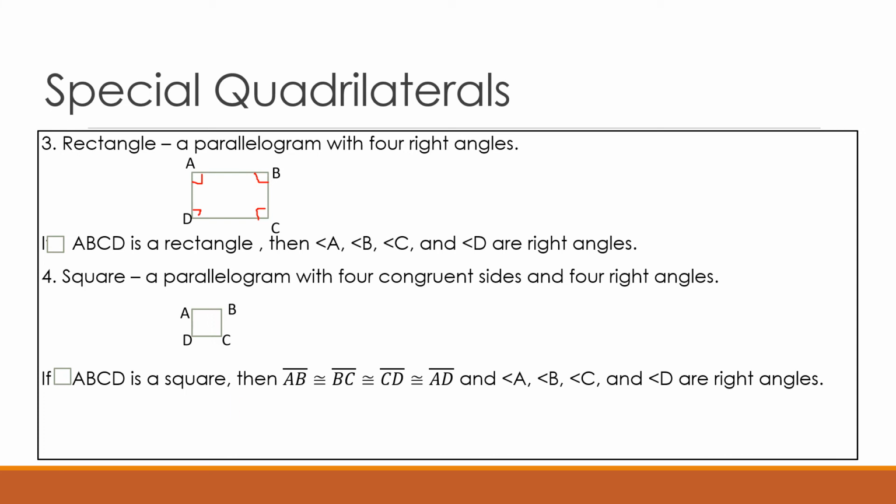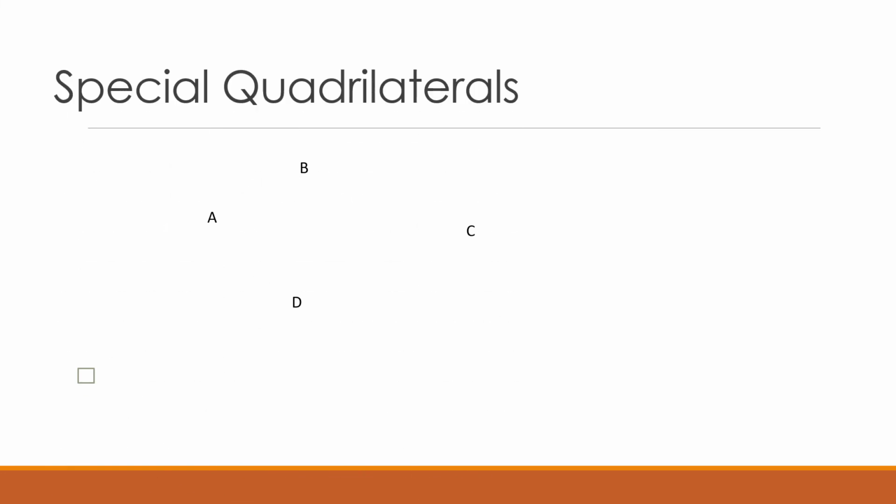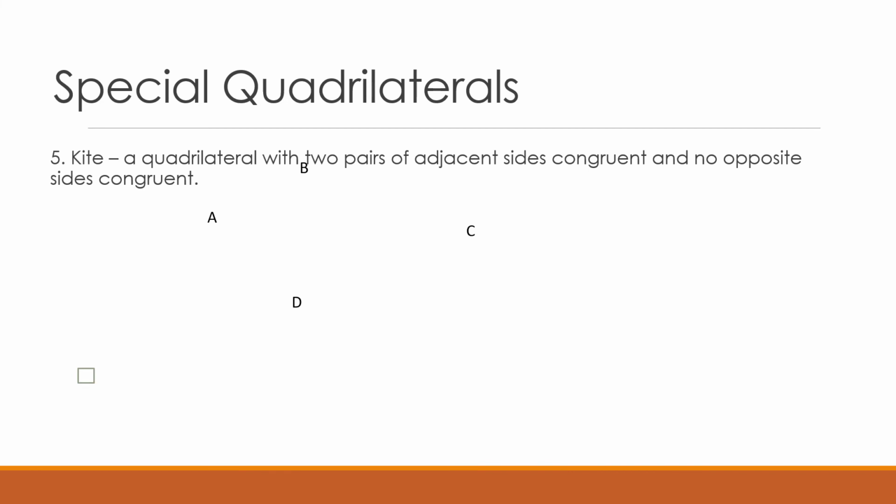Alright. Next, we have another type of special quadrilateral, which is the kite. Be familiar with a kite, or saranggola. This is where we got the pattern. A kite is a quadrilateral with two pairs of adjacent sides congruent and no opposite sides congruent. So, remember, the adjacent sides are congruent, opposite sides are not congruent.